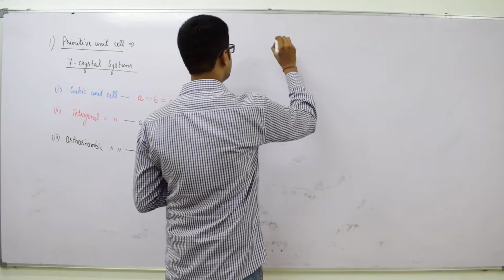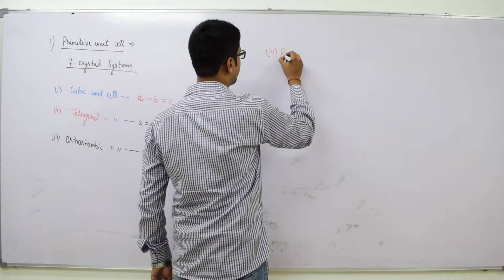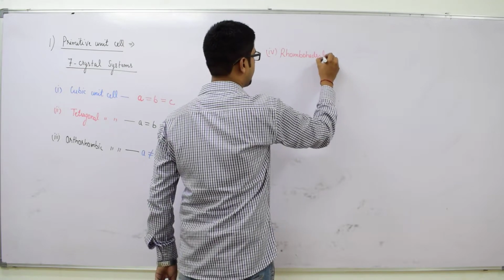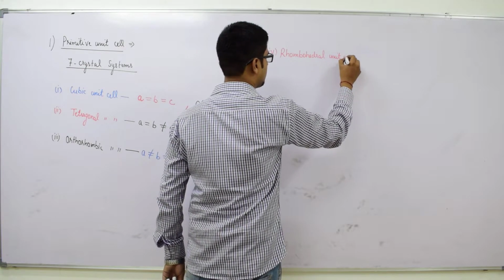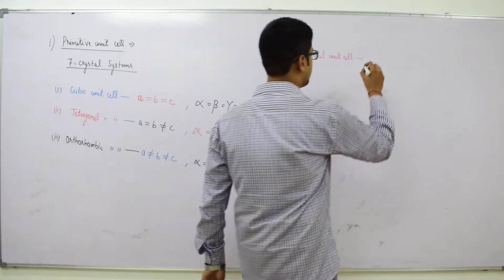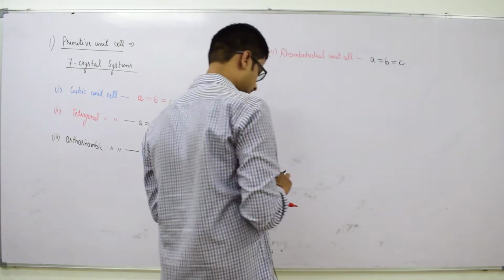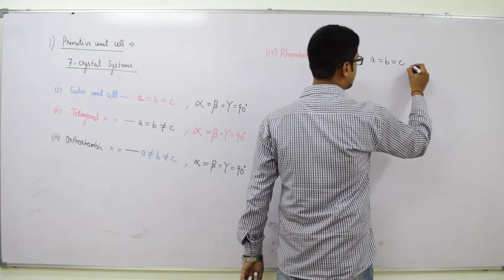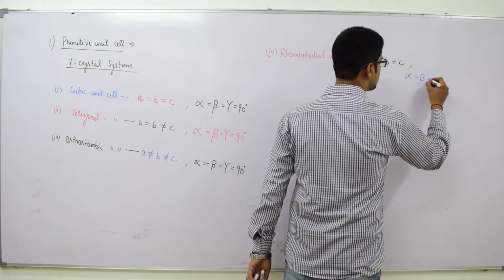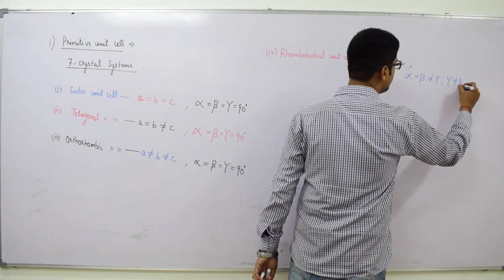Now, the fourth one is rhombohedral unit cell. In case of rhombohedral unit cell, A is equal to B is equal to C, but alpha is equal to beta is not equal to gamma and gamma is not equal to 90 degree.